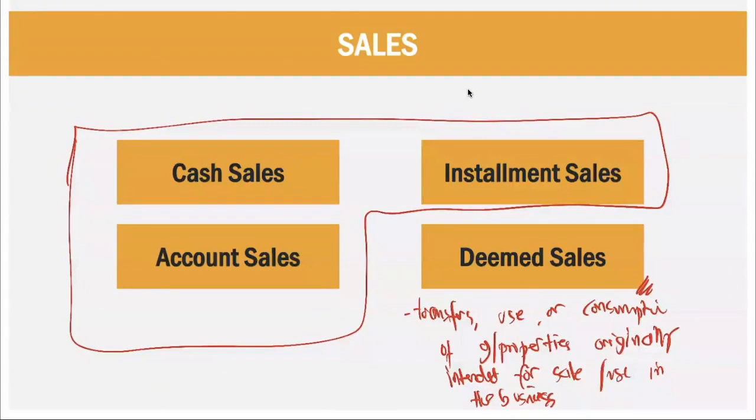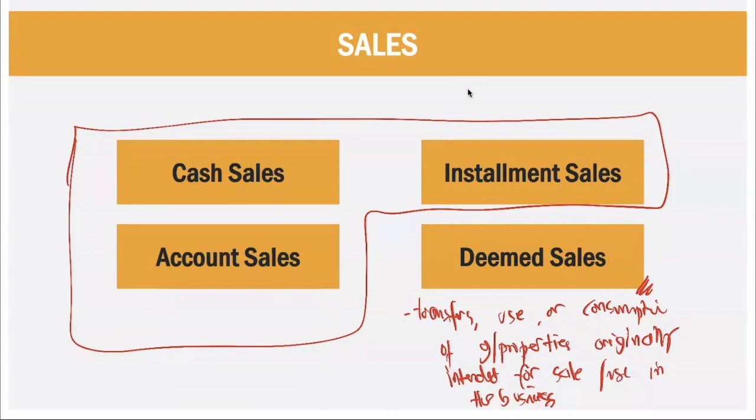So normally, if there is a sale, I am the seller, there is a buyer. However, here in your deemed sale, the inventory or the goods or properties are transferred, used, or consumed, not in the ordinary way of sale, such as there is a buyer or seller. But these goods or properties, since they are already transferred, used, or consumed, are considered a sale for the purpose of VAT. So although it is not an actual sale, it is a deemed sale, therefore subject to VAT.